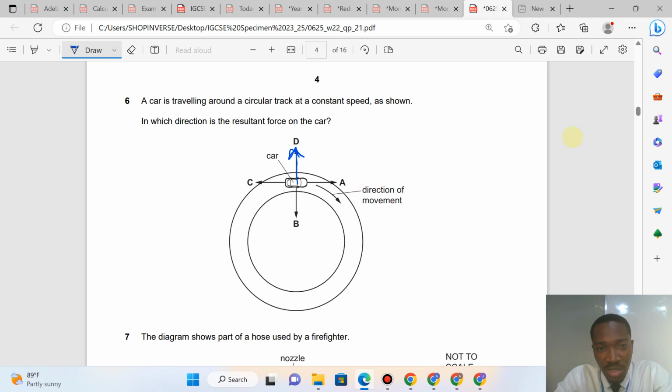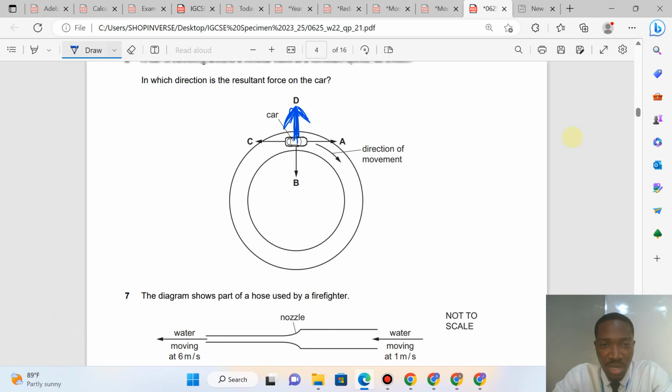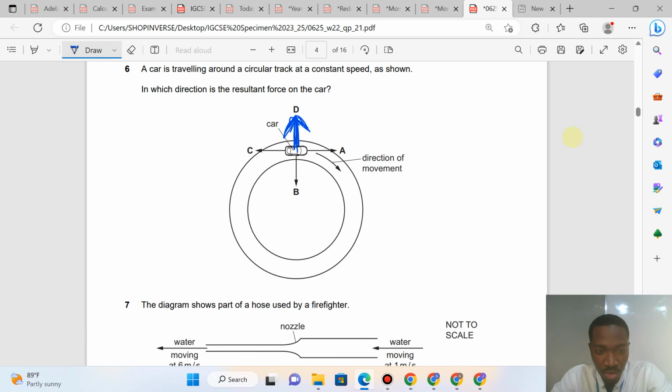Usually the inward force is produced by the friction between the tires and the road. But when the friction is not enough to withstand the outward force, the resultant force will be in the direction of the centrifugal force. It means the centrifugal force is greater than the centripetal force, so the direction will be the one showed by the arrow D.